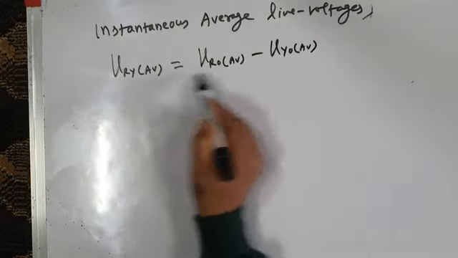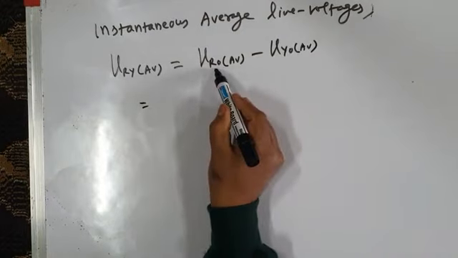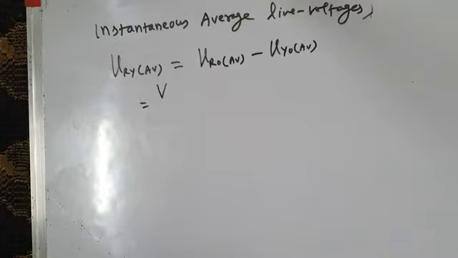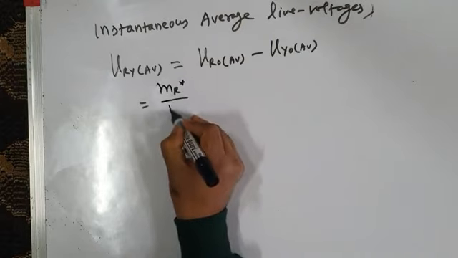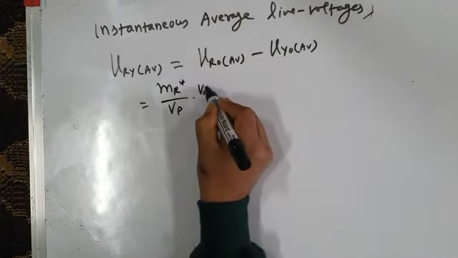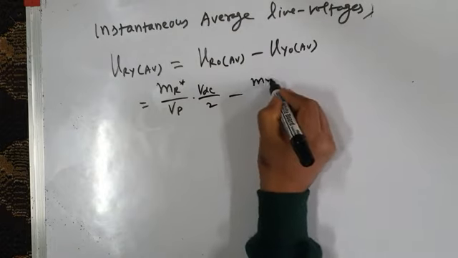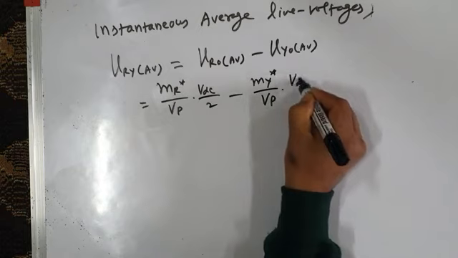So VRY is VRO minus VYO, right? And what is instantaneous average pole voltage VRO? Just few moments back we have written it is MR star by VP into VDC by 2 minus what is VYO average? It is MY star by VP into VDC by 2.